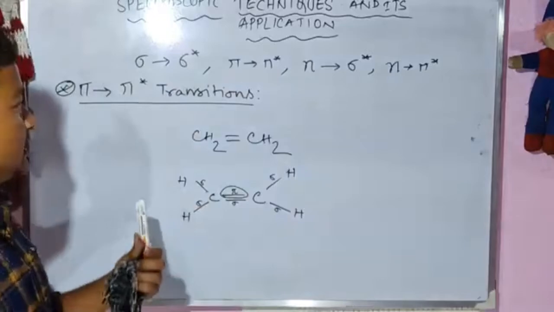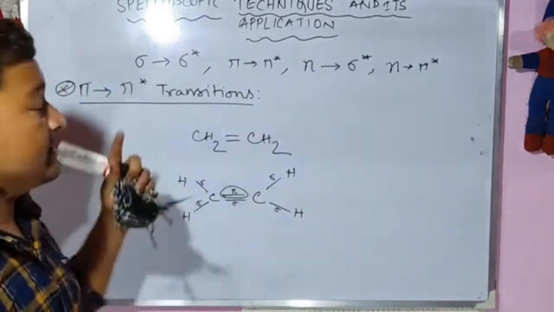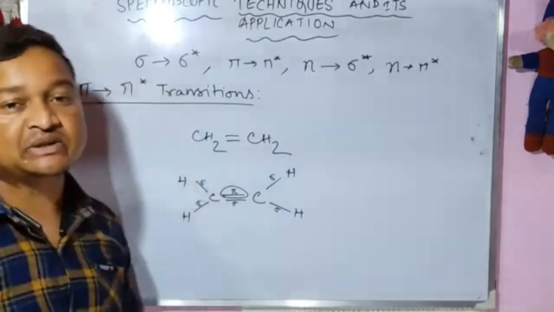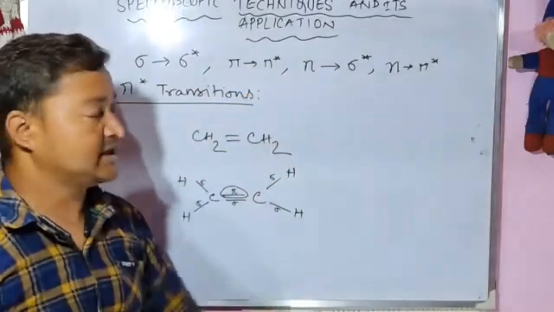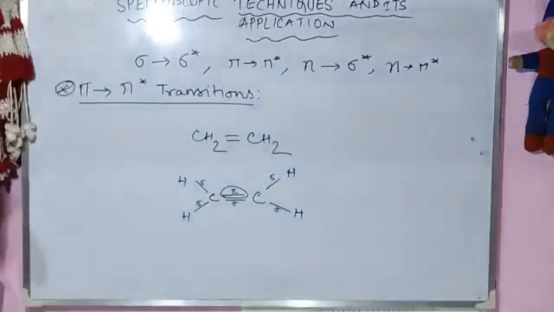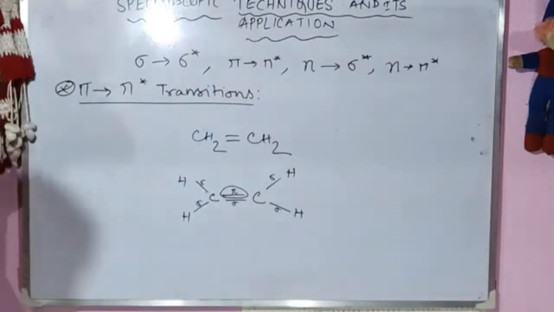So only in molecules in which just sigma bonds are present does the sigma to sigma star transition occur. If there are other opportunities like pi to pi star, n to sigma star, n to pi star, those transitions occur. So molecules having a pi bond undergo pi to pi star transitions.